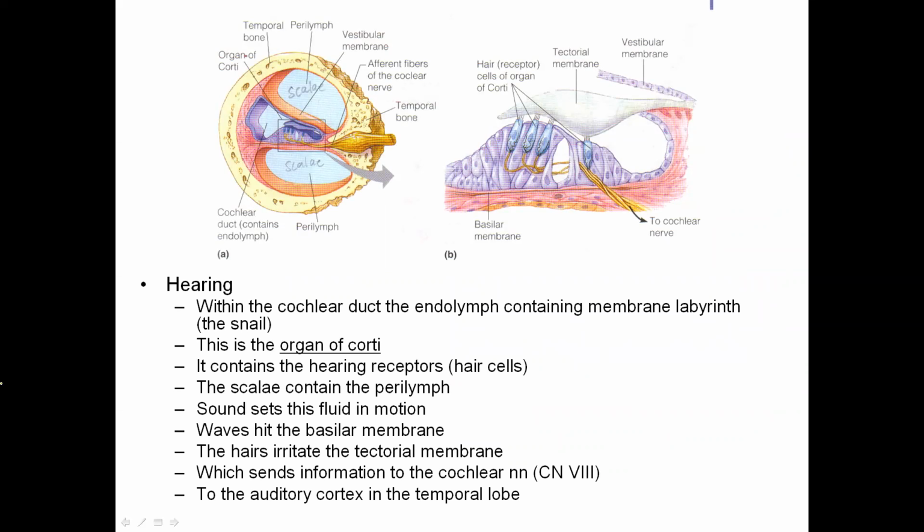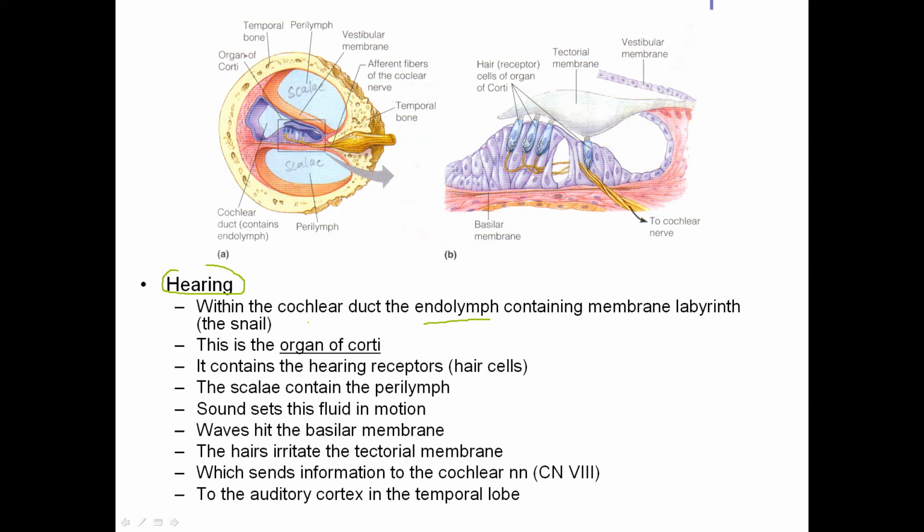Okay, in order to hear, you have to have fluid in the ear called endolymph. In no particular order, number one, you have to have endolymph.